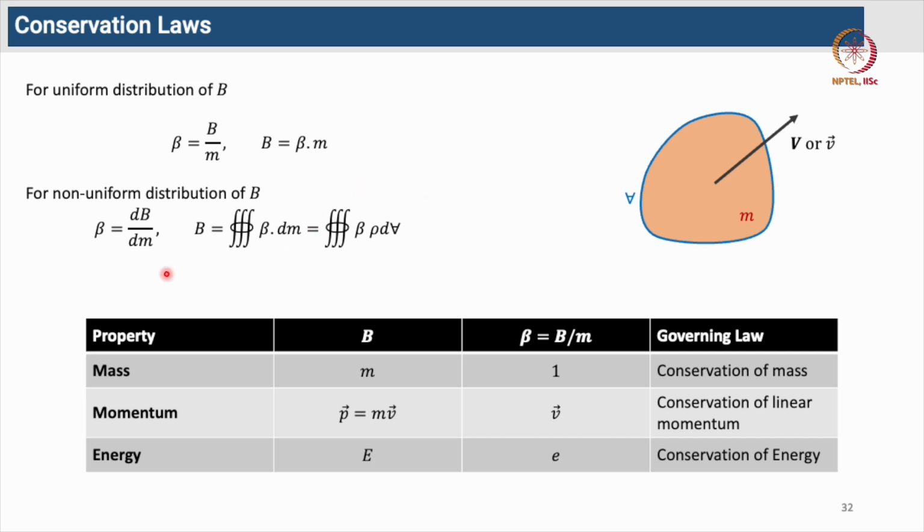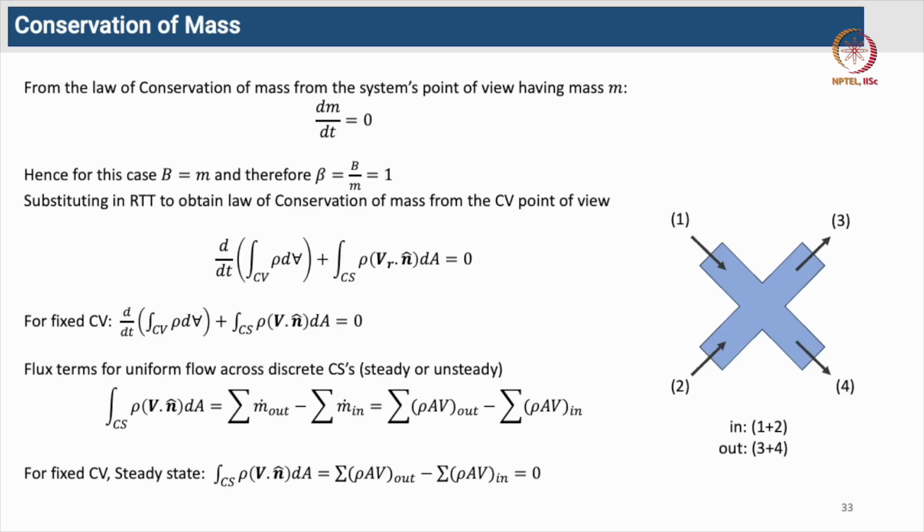Now for mass, the corresponding beta is 1. When you have momentum, beta, the intensive variable, is just the velocity, and when it is energy, it is E. So those are the nomenclatures. You can use the conservation principles, like conservation of mass, for a system like this, where there are a couple of inlets and 2 outlets.